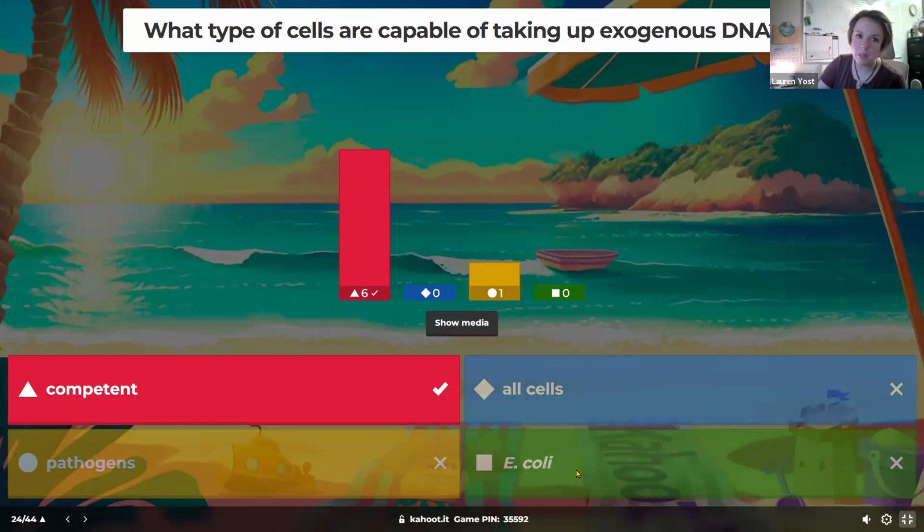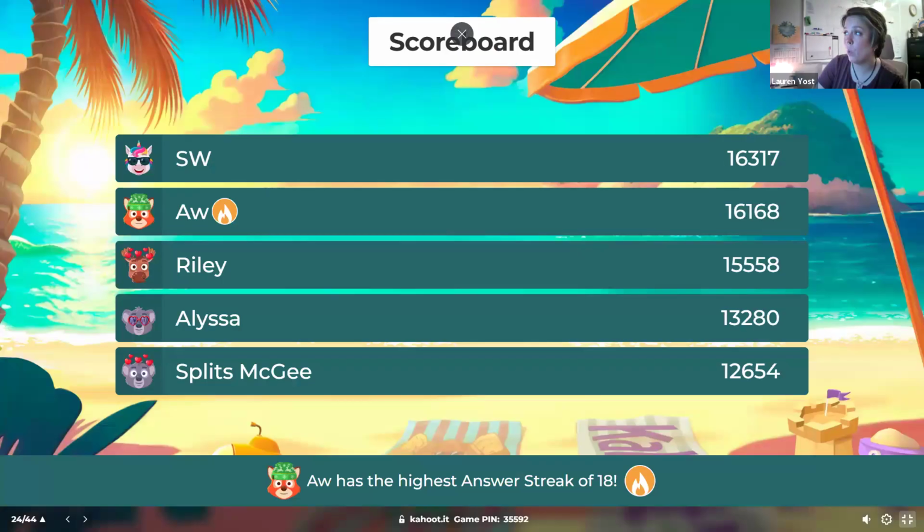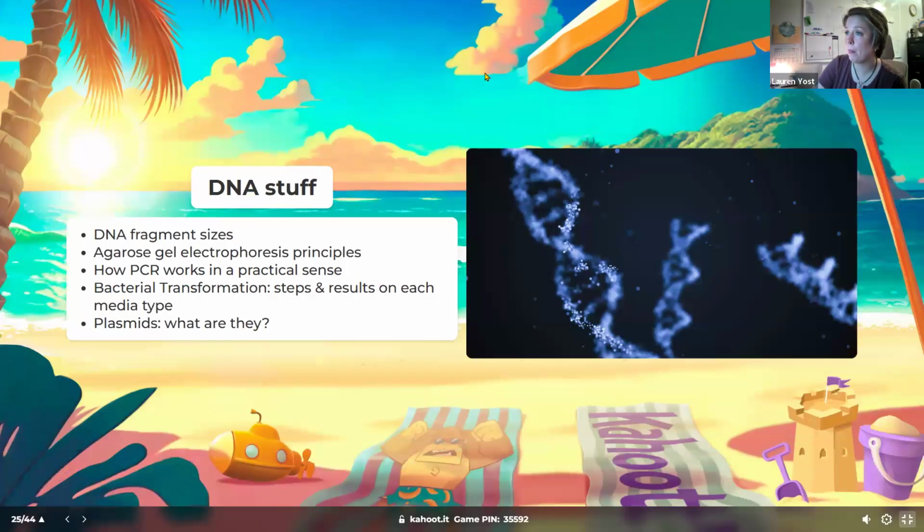You can use yeast even though that's not bacteria. Yeast are eukaryotes, right? But yeast can be competent. So any cell that can pick up outside DNA, and not all cells can do that, competent ones can. So this is dealing with transformation, right? Transformation is the process of a competent cell picking up outside DNA. So yeah, that is a method of horizontal gene transfer.